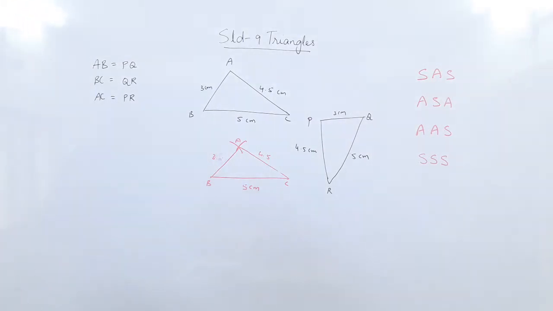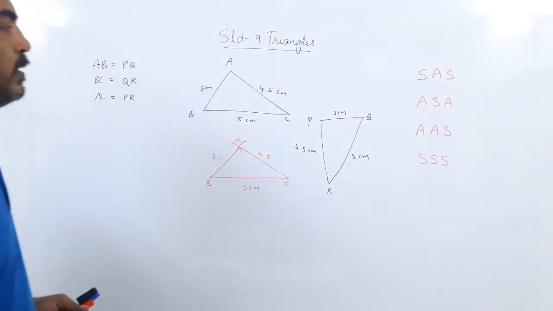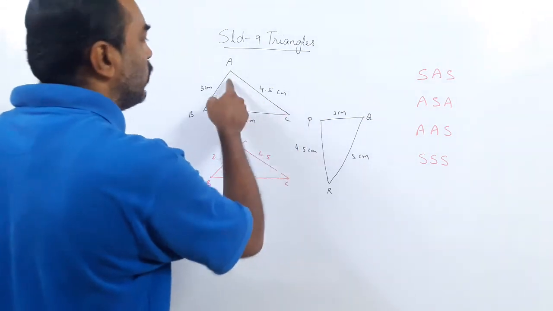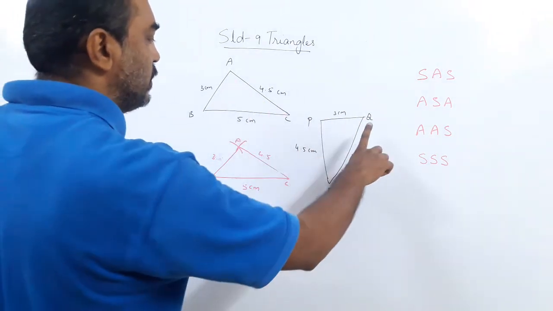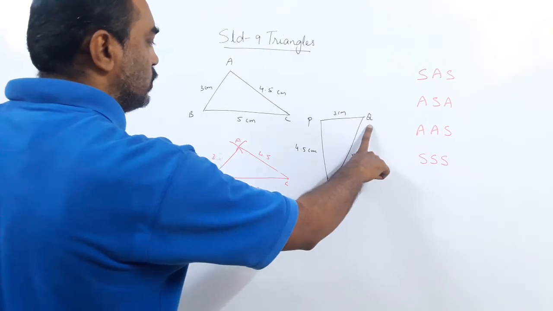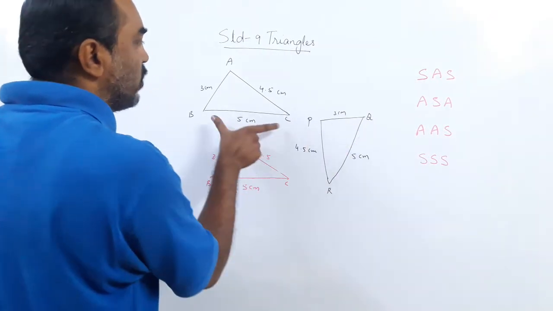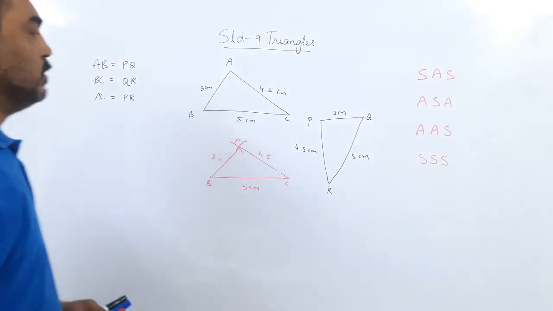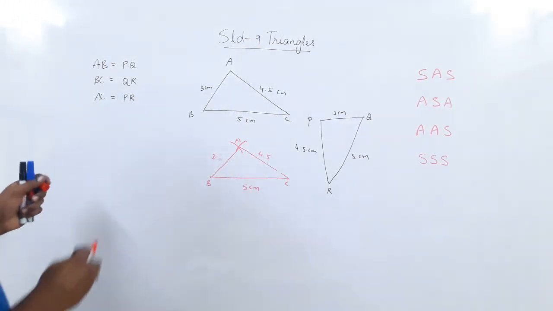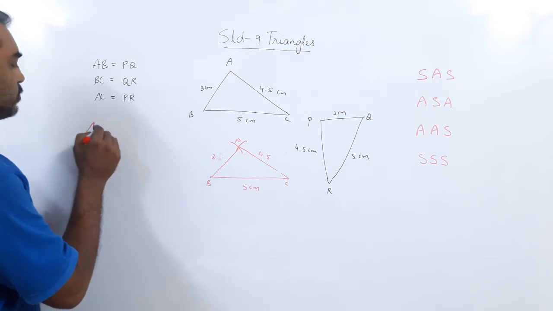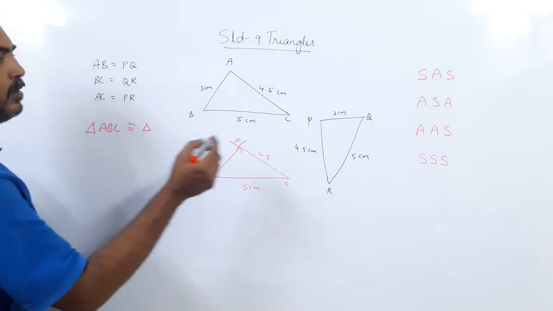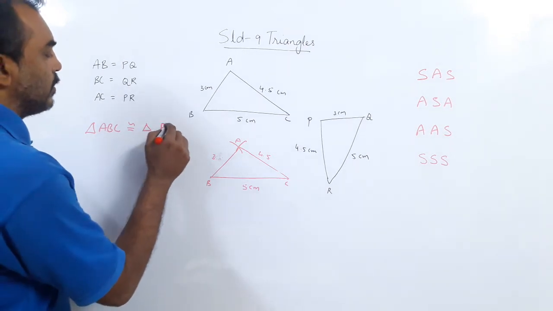Now how will you arrange them so that they both become congruent? So how will you place? P will come over A. You have to rearrange this. QR should come over BC. P should come over A. So we'll have triangle ABC over triangle PQR.